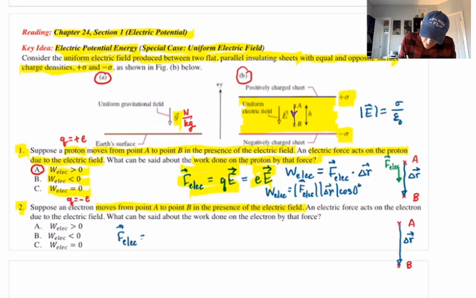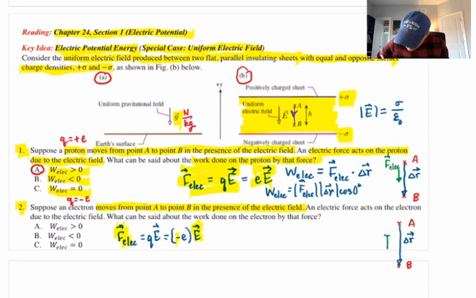But let's think about the direction of the F electric. Well, start with Q times E arrow, but now put in the Q, negative little e times E arrow. And this negative sign tells me that the direction of F electric and the direction of E arrow are opposite. And E arrow is down. So the F electric, the force on the electron, is up.